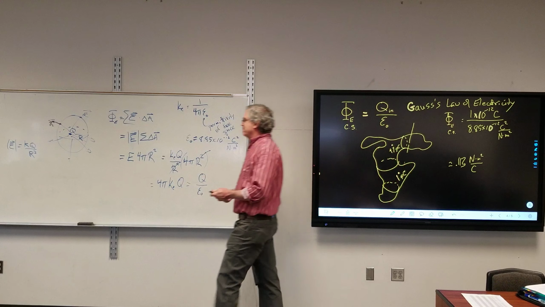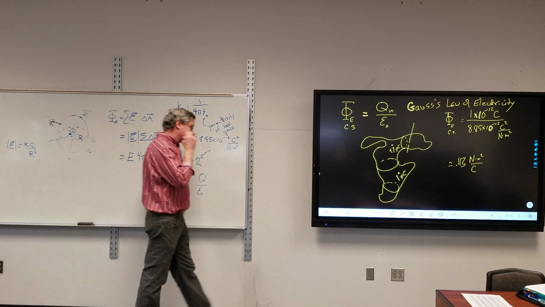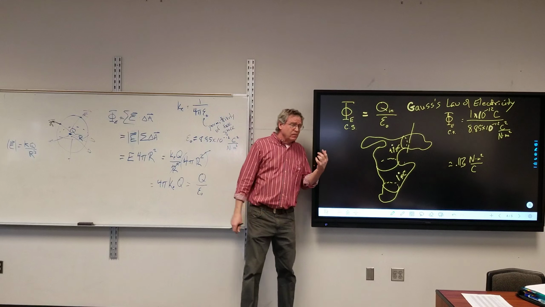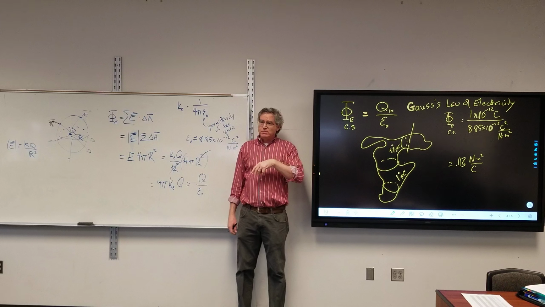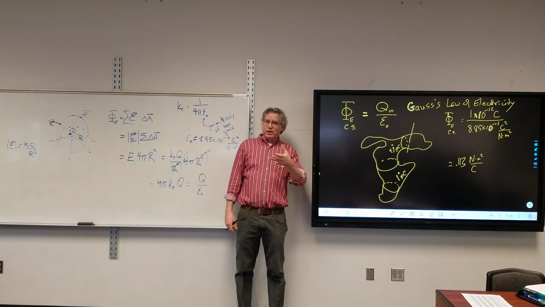Now, let me connect it with something that will keep showing up again and again. There are four major rules here. There's Gauss's law of electricity, Gauss's law of magnetism, what will become Faraday's law, or sometimes I refer to it as Faraday-Lenz's law, and Ampere's law with Maxwell's correction.